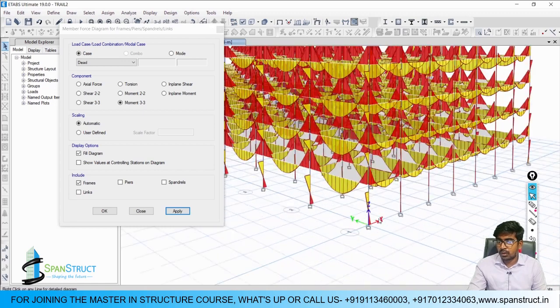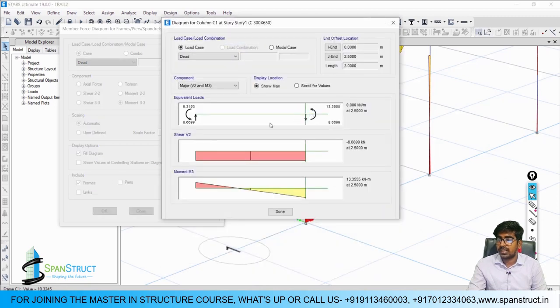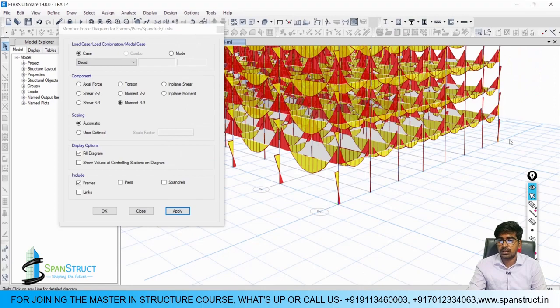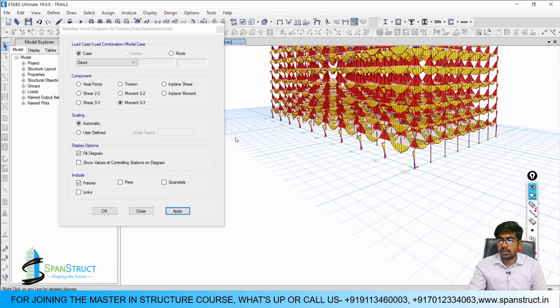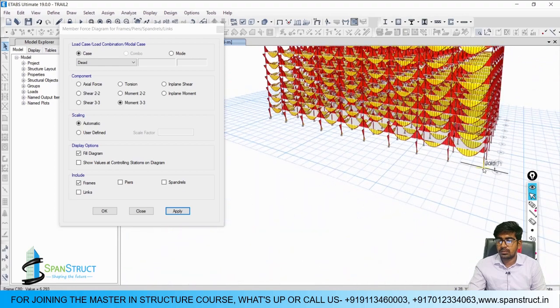As you can see here, this column is a double curvature column. There is a significant amount of moment coming to these corner columns also, this column, and this column also.